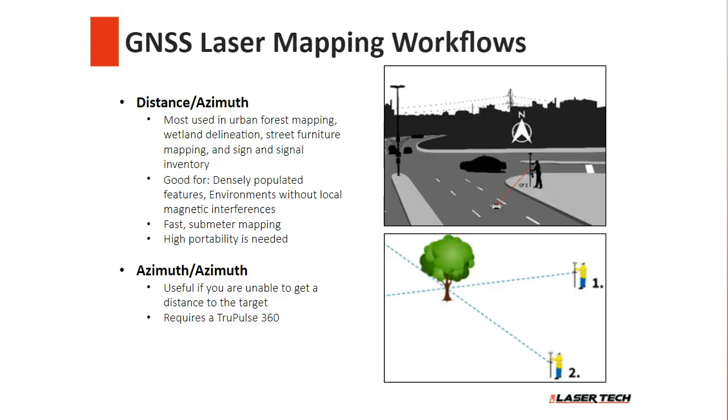So let's go through some of the different workflows that you can use with GNSS and the laser. The first and really the easiest is a distance azimuth using those 360 models that Derrick mentioned. There you stand on your known point. We show a guy on a street corner here, and he's got his GPS. He's going to grab a position there, and then he's just going to point and shoot to that manhole out in the street. One shot.